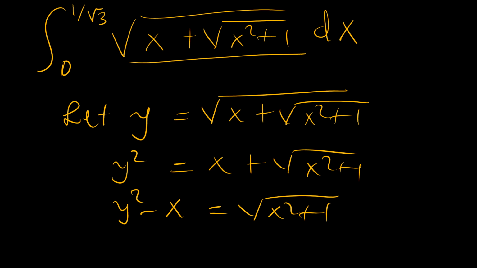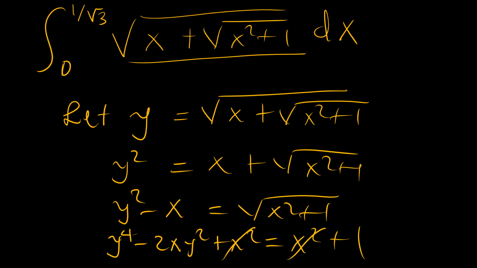And so if we square both sides, we get y to the 4 minus 2xy squared plus x squared equals x squared plus 1. And the x squareds cancel each other. And so we get y to the 4 minus 2xy squared equals 1.